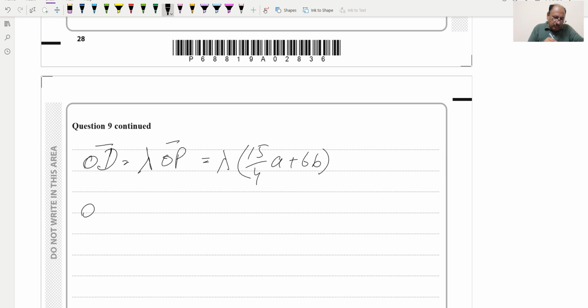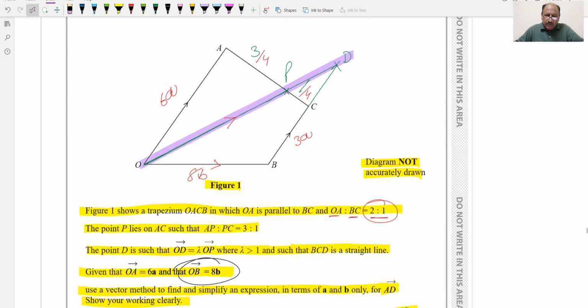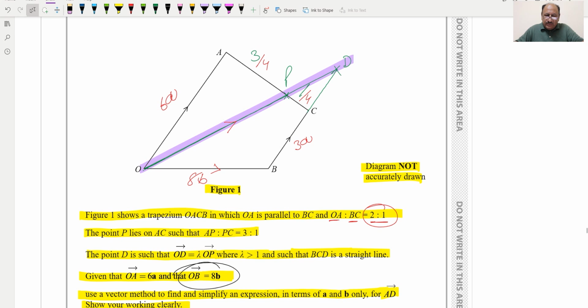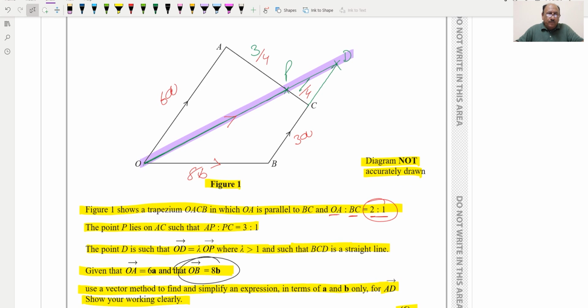Now OD, we also know OD is equal to 4 by 3 of OP.